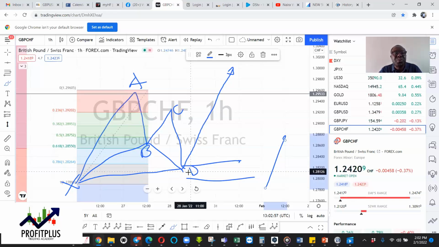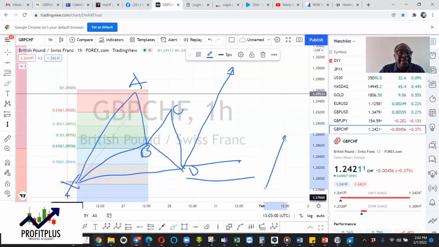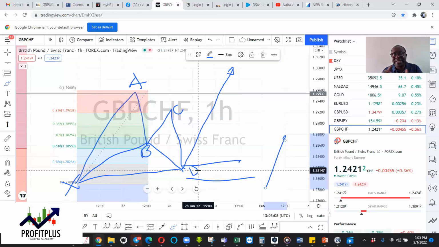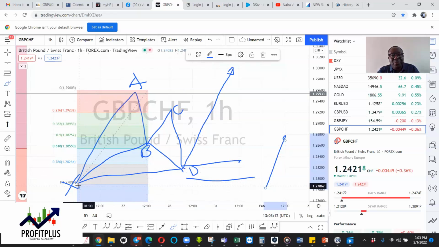Now, the relationship between XA and XD is that D should be about 78.6% of that whole XA move. So D again should not be at the same level as X. C should not be at the same level as B, like here.